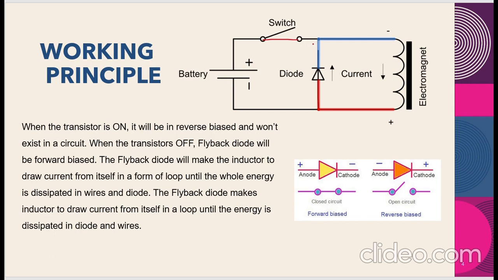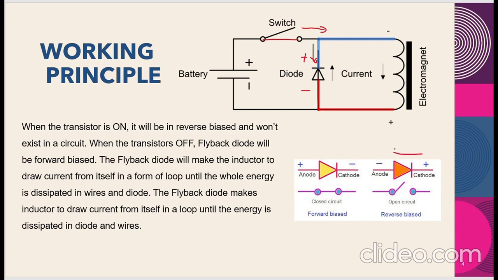it will work as a reverse bias. Here you can say power will flow in this direction, positive to negative. And here, if power goes the other way, it becomes forward bias. You can see here, this is plus, this is minus.